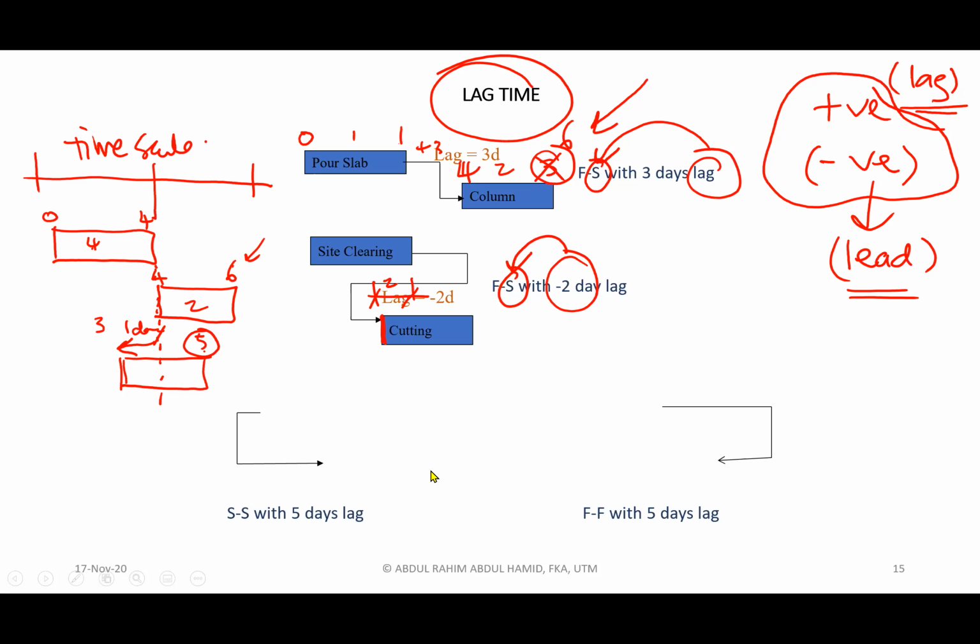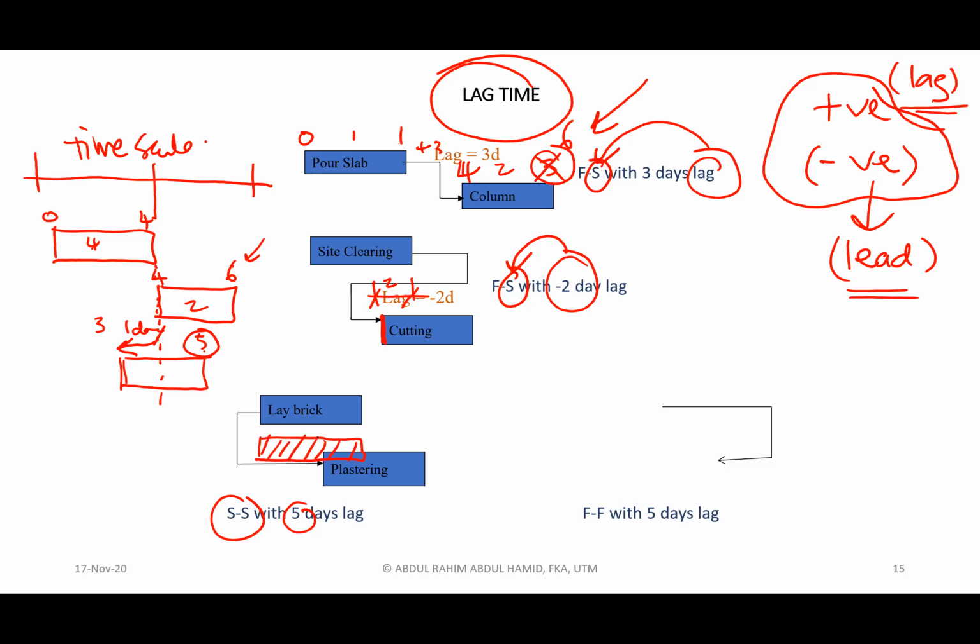Okay, now how about the application of lag into the start-to-start relationship? Okay, start-to-start. Labeling and plastering, if without the lag, plastering will start exactly here. Just imagine this is the plastering.